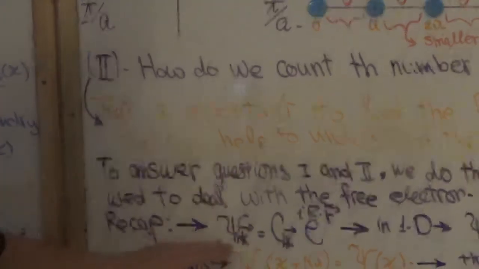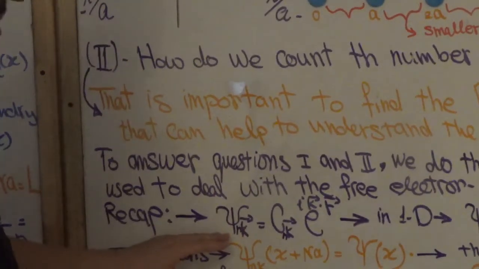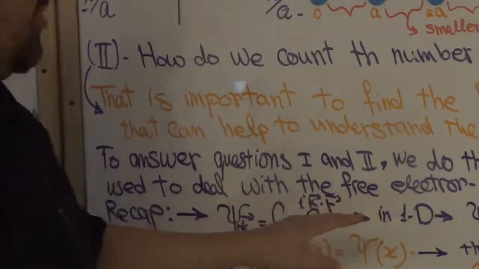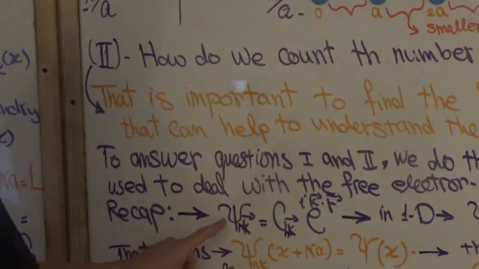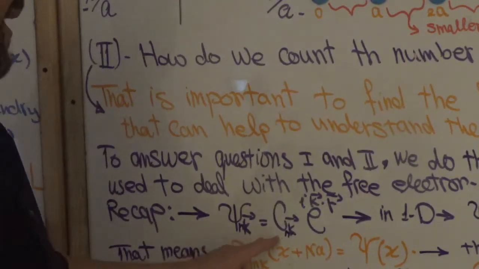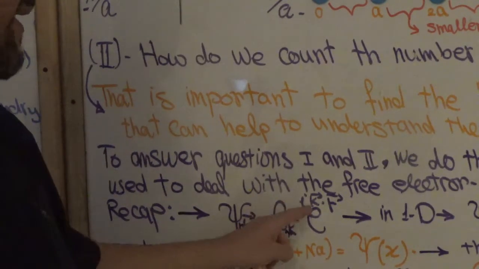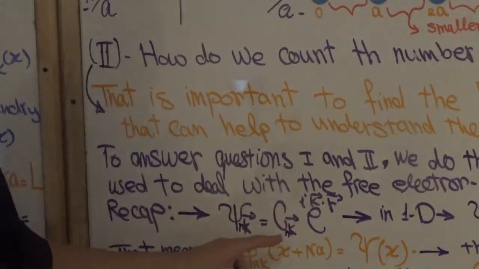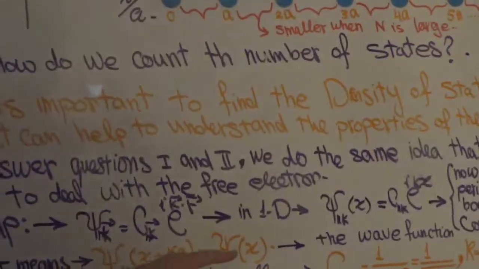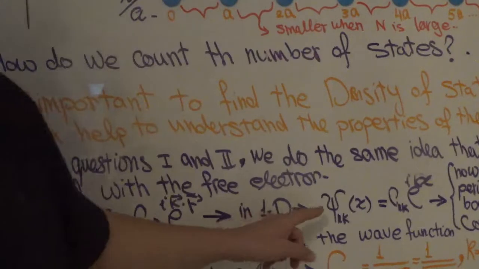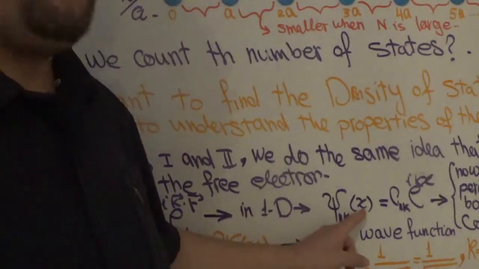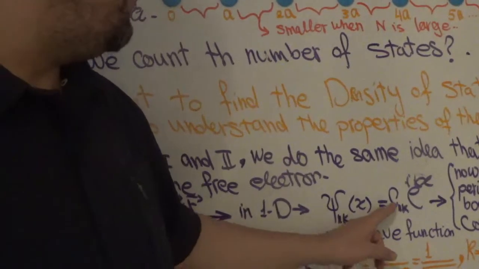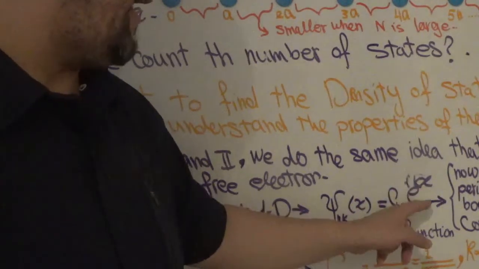So the wave function, guys, that we used when we solved the free electron problem is psi_nk equal to c_nk exponential i k dot r. This is a plane wave. And in one dimension, this plane wave can be written as psi_nk of x equal to c_nk exponential i kx.